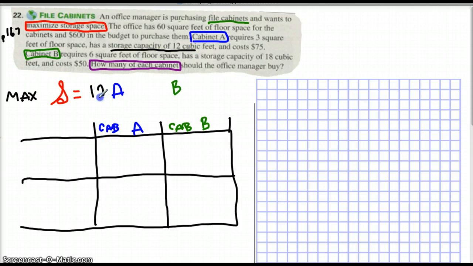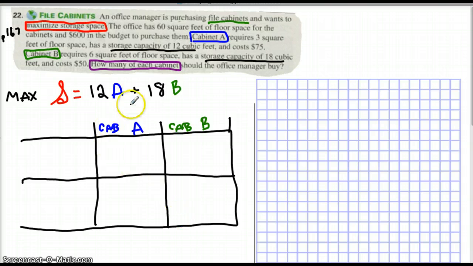So if there's 12 cubic feet per cabinet times the number of that type of cabinet, and then the other guy gives you a storage capacity of 18 cubic feet. Always make sure your units are consistent throughout the problem, like we saw in that one problem, but in this case they are. 18 cubic feet per cabinet times the number of cabinets you have of that. We should have storage space plus storage space equals storage space.